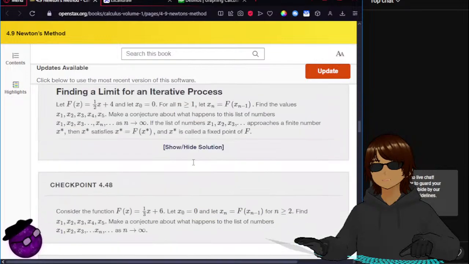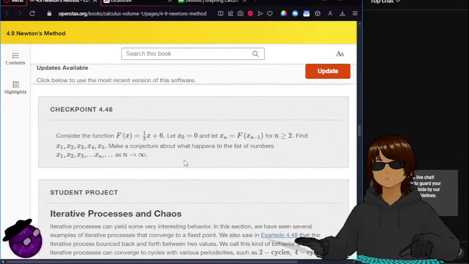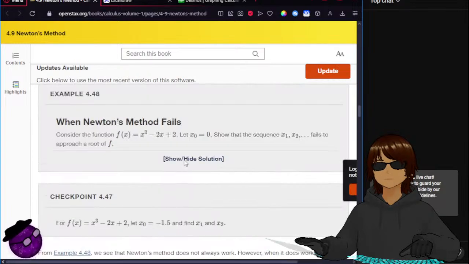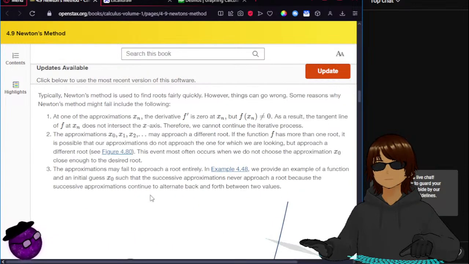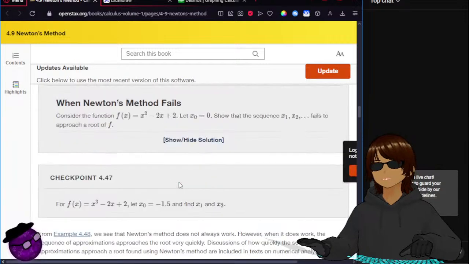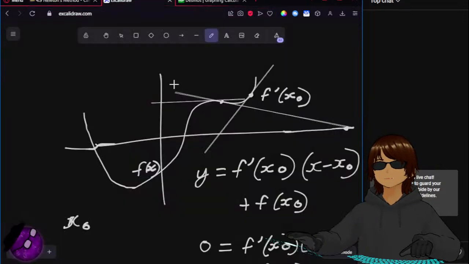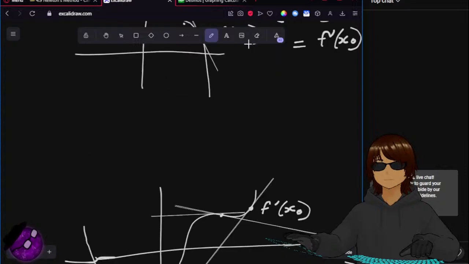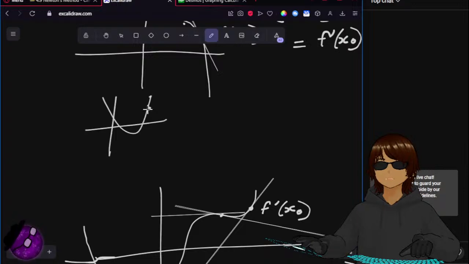In, they say example 4.48. But the point is there may be a graph where we are using Newton's method.